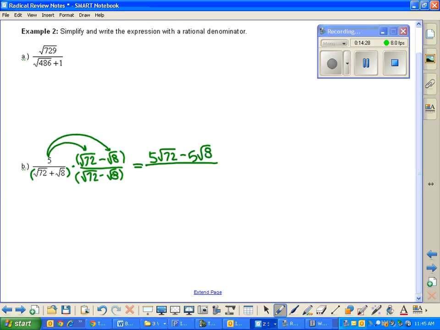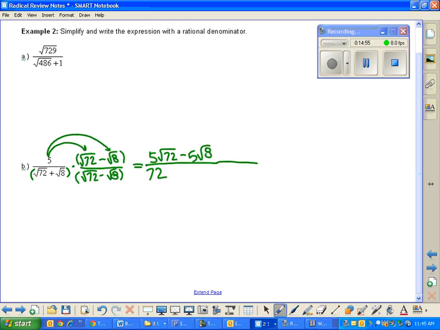What do we need to do in the bottom? What's that word? FOIL. I heard it. Yes, FOIL. It's not as messy as it looks. I promise. It looks really gross. It's not. First, our first terms, square root of 72 times square root of 72. What is that? 72. All right.